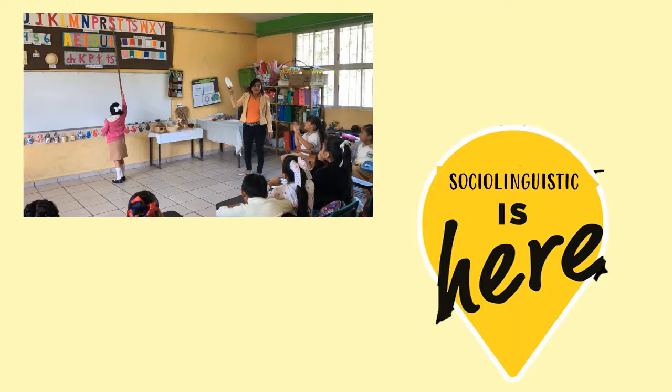The interaction is very important in the classroom in this part, and also the association between the concept and the word. The dictation is really important, the reading also. So here is a really good example of a class applying the direct method.